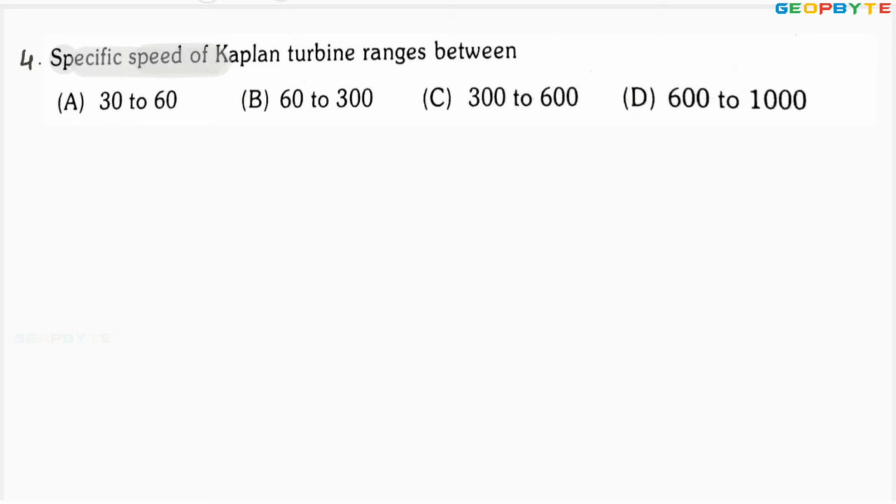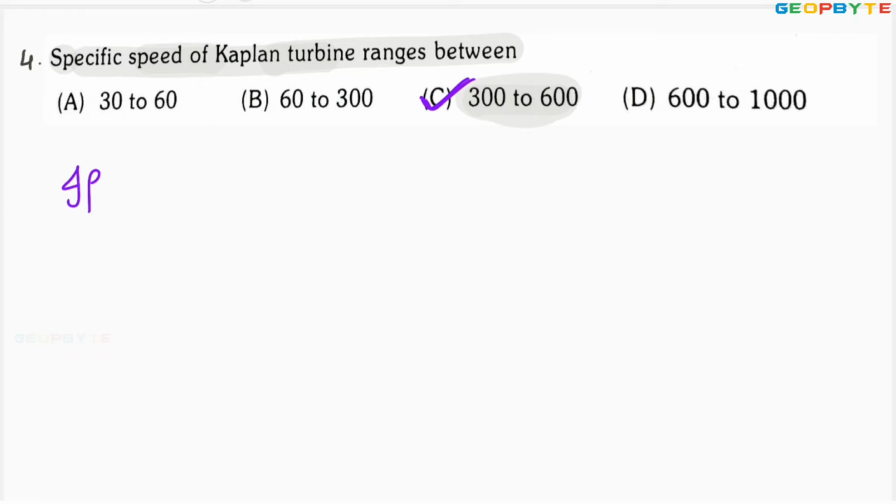Specific speed of Kaplan turbine ranges. Since the Kaplan turbine is high specific speed turbine, generally you can take 300 to 600. Therefore, option C can be selected. So, Kaplan turbine is coming under high specific speed turbine.